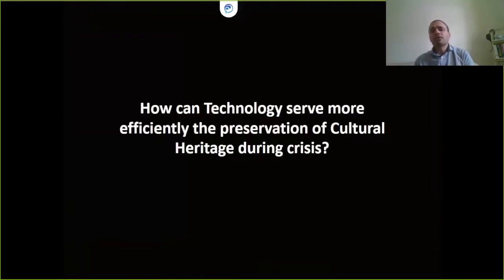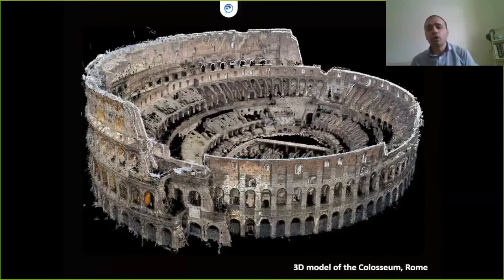Yes. So my question here: how can technology serve more efficiently the preservation of cultural heritage? Of course, we know that photogrammetry is a great tool now to preserve heritage under risk and start documenting the heritage virtually, saving it for future generations or for future preservation.